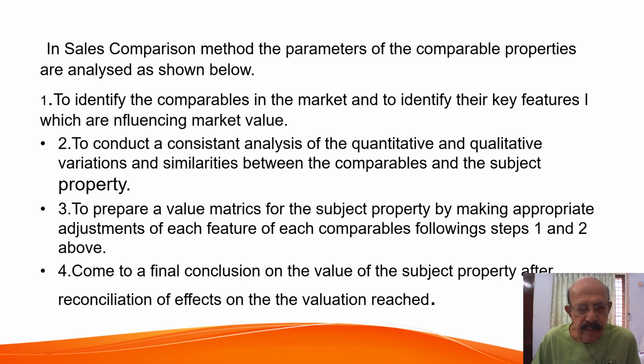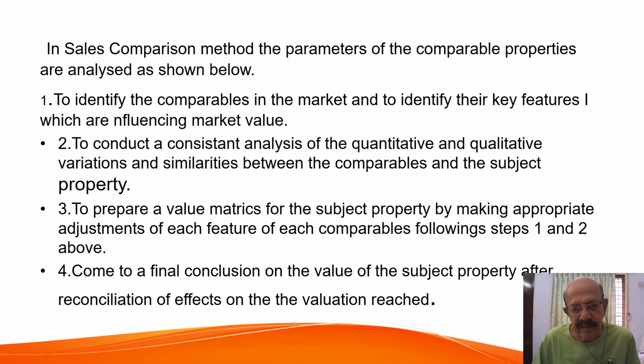By quality we mean, suppose the property has mosaic flooring and the comparable property has vitrified tiles, or the wood used for the joinery is teak wood and for the comparable property it is ordinary hardwood.